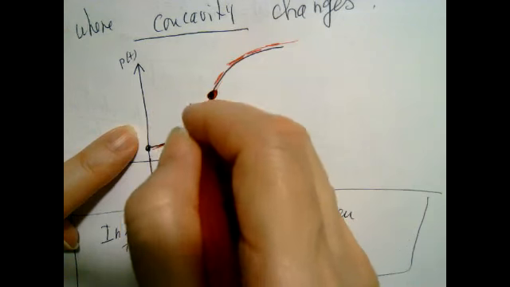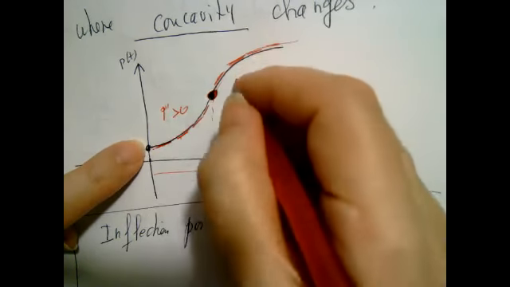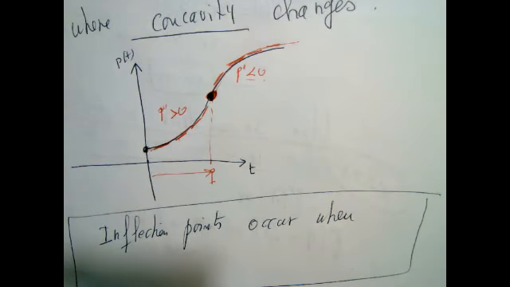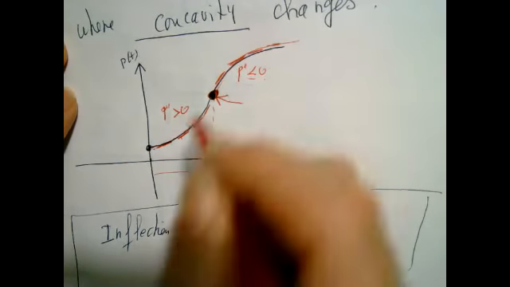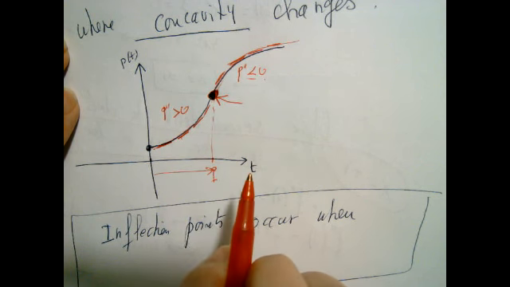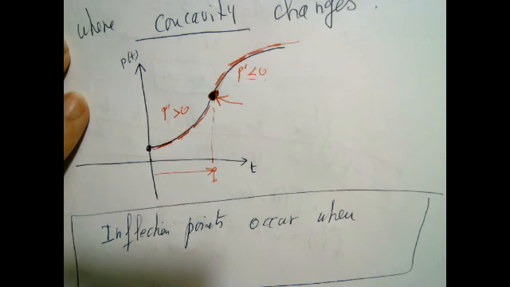Up to P, the second derivative is positive, and after P, the second derivative is negative. So at the inflection point, the second derivative goes from positive to negative. But what's the value of the second derivative at the inflection point? The value of the second derivative is equal to 0.